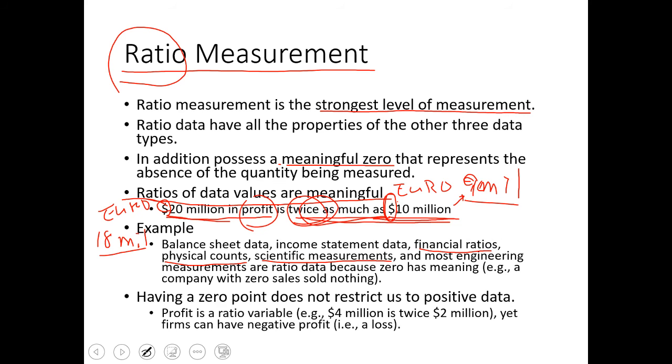So 18 million is twice as high as 9 million. This fact does not change even if we change the currency to a foreign currency. In this case, we say that it is ratio measurement. So interval and ratio are different. They say that it is a meaningful zero.